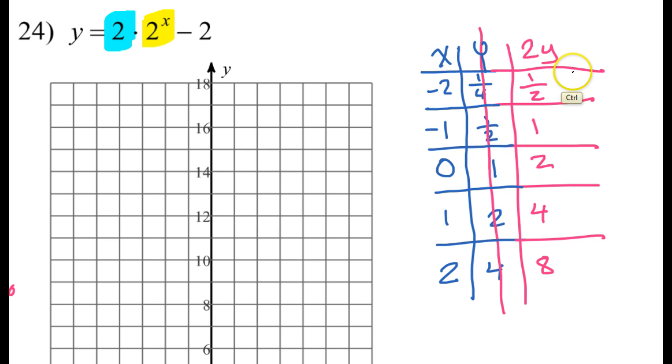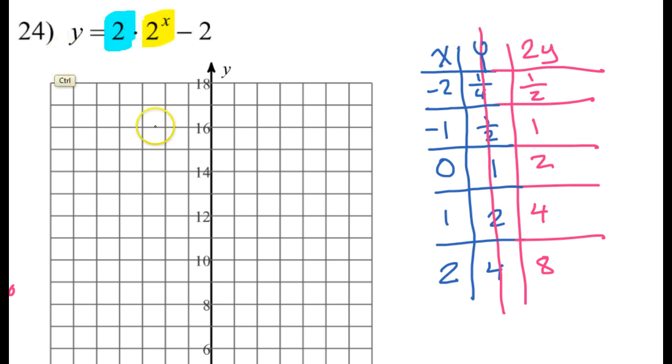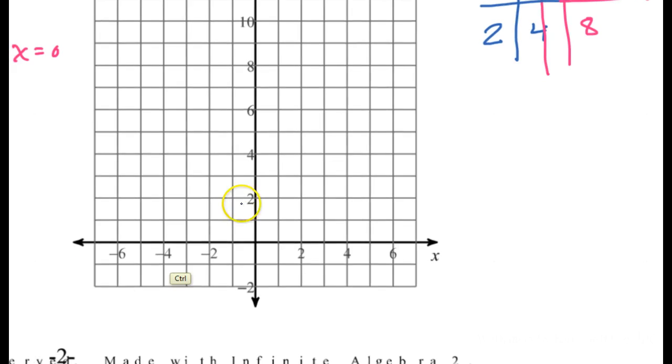So I've got these values. So this is the parent function. So I'm going to graph these right now, but I'm not going to connect them because this is not my final answer because we still have to do the -2. Don't forget that exponential functions start off with a horizontal asymptote, which will start at the x-axis being the asymptote.